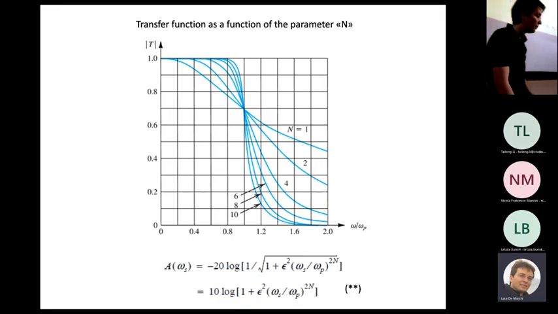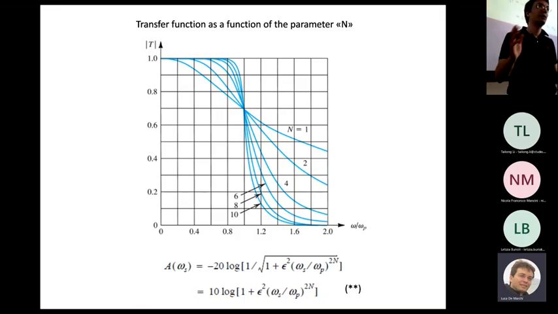Okay? So in this way, you have set the two parameters which are needed to design a Butterworth filter, capital N and epsilon. Once you have this information, you have to find the pole positions, which are univocally determined by the value of N and epsilon.